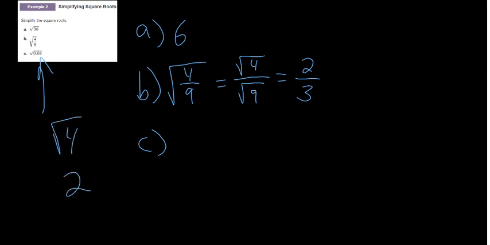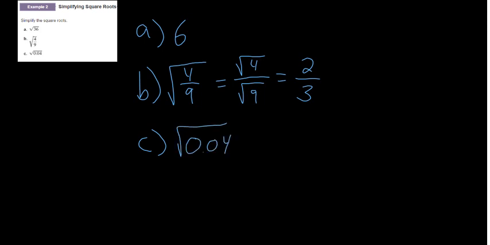The solution is kind of in the same line, but not necessarily, because the square root of 0.04. Okay, so we have to ask ourselves, what multiplied by itself would get me to 0.04, and that would be 0.2.